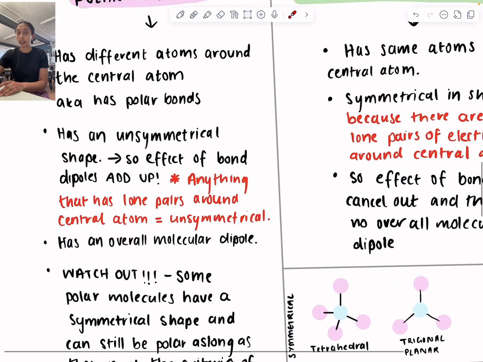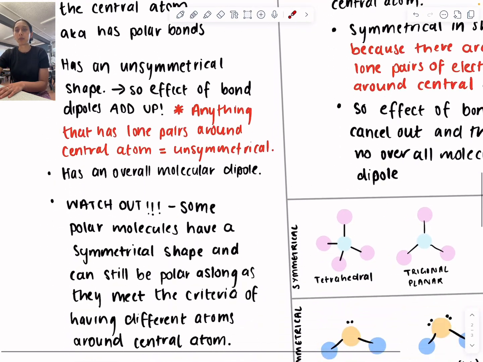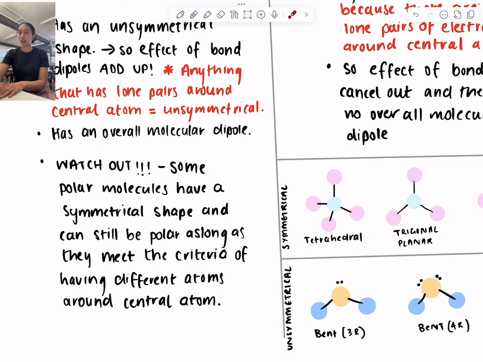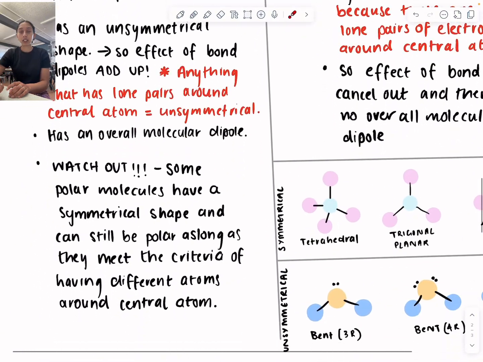But this is a criteria for identifying a polar molecule. Something I want you to watch out for, I've written that here, is that some polar molecules are actually symmetrical in shape. Okay, and you can find polar molecules that are symmetrical just as long as the atoms around that central atom are different.